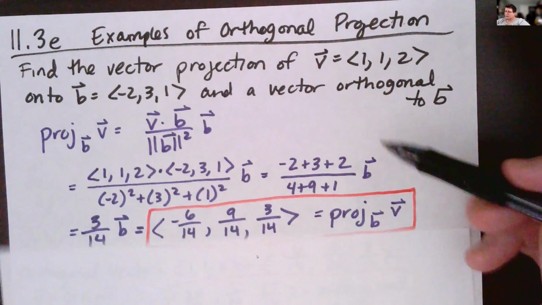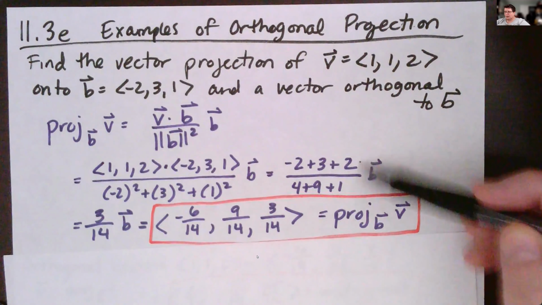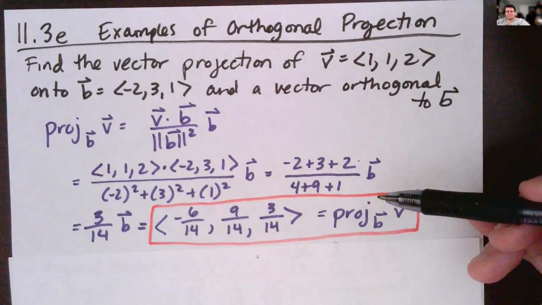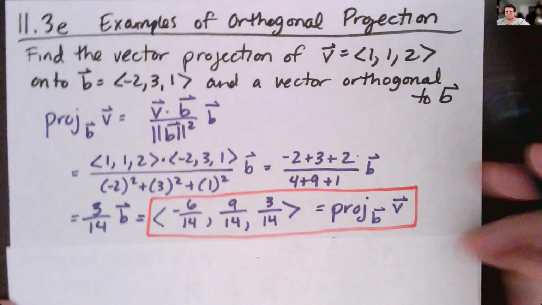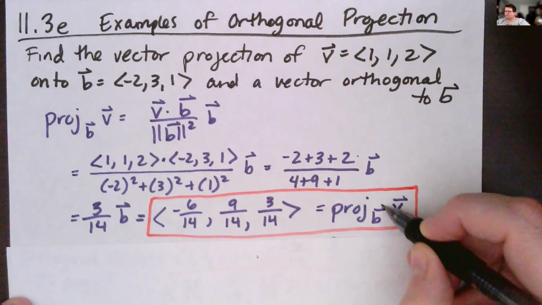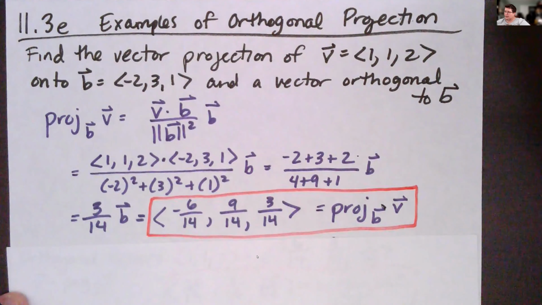If we add these up, on top we get 3, on the bottom we get 14. So it's 3/14 times B. The projection of V onto B is -6 over 14, 9 over 14, and 3 over 14.